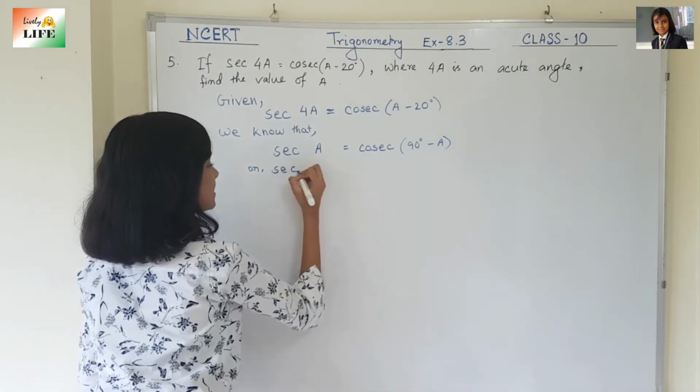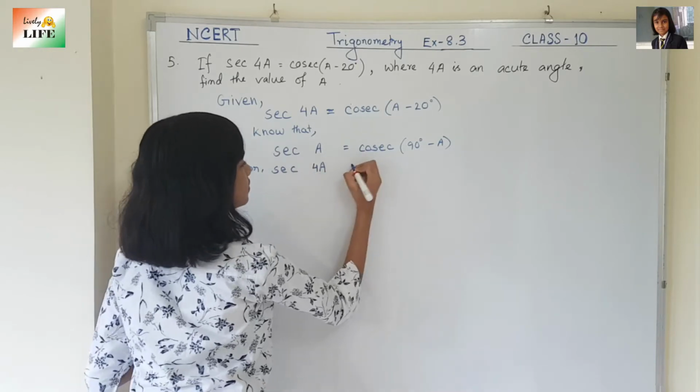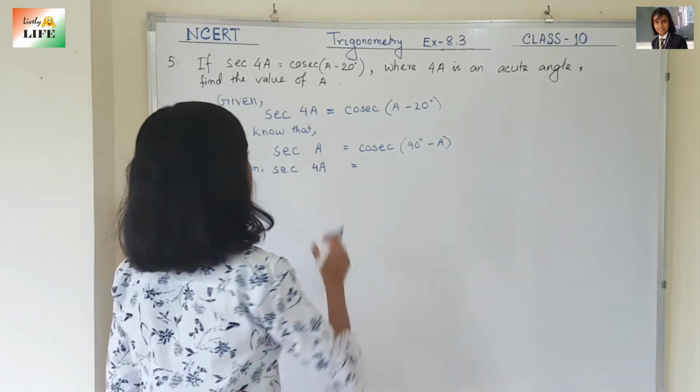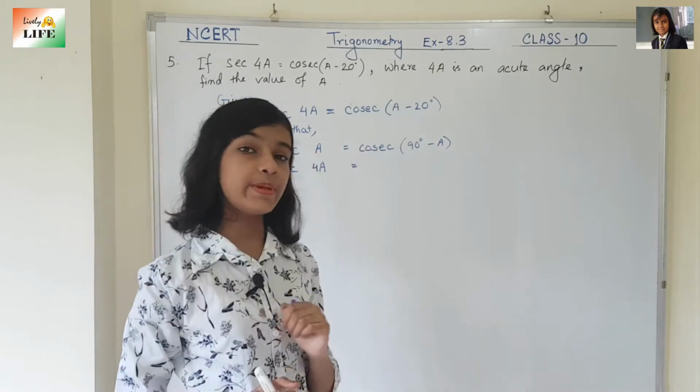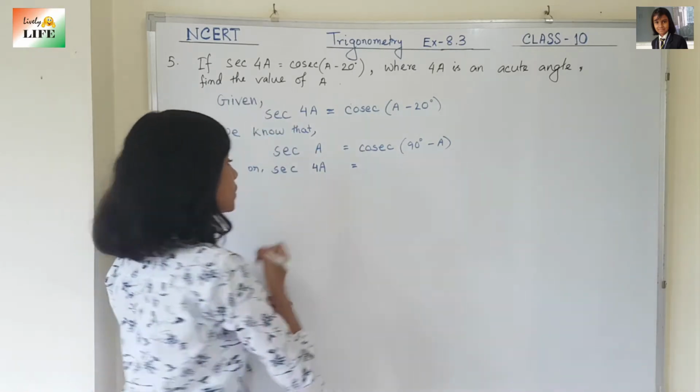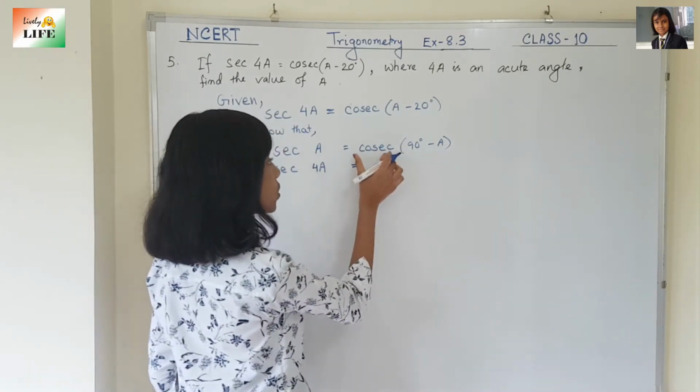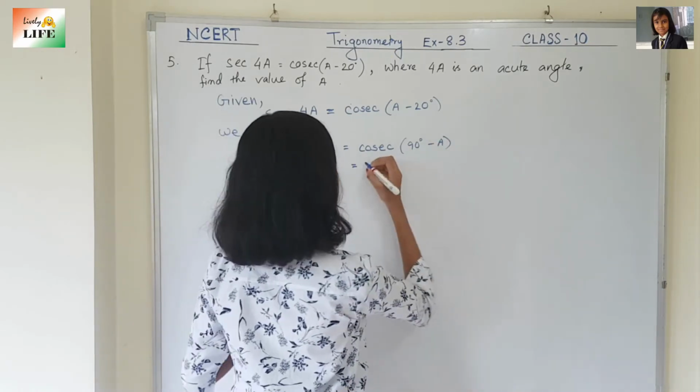Now sec 4a will be equal to cosec 90 degree minus 4a, right?